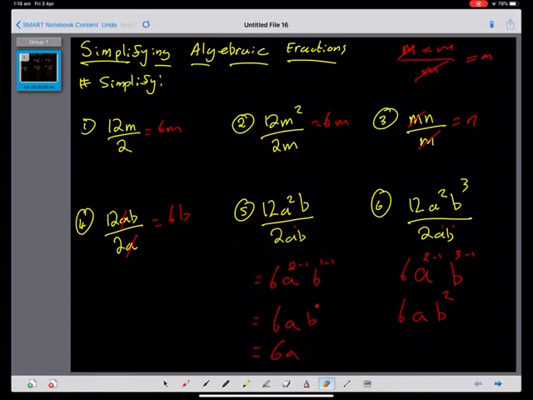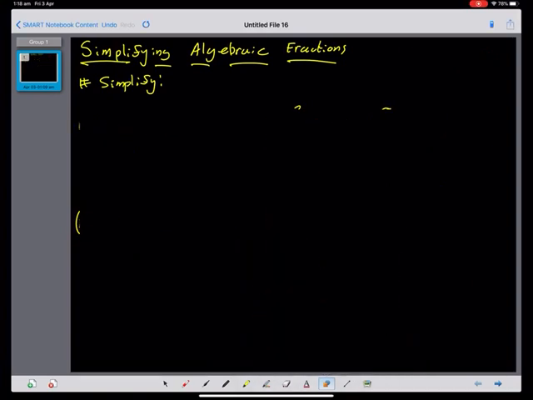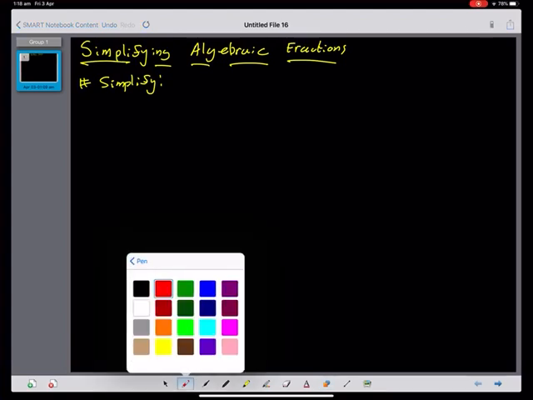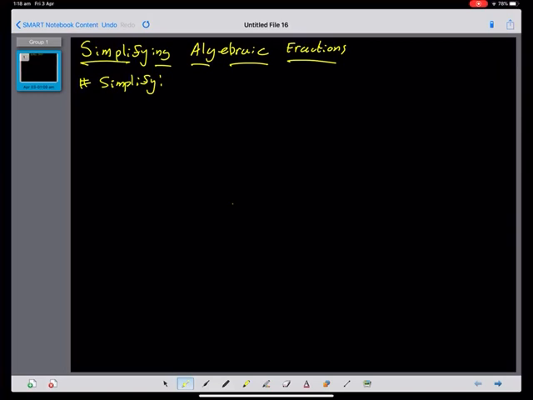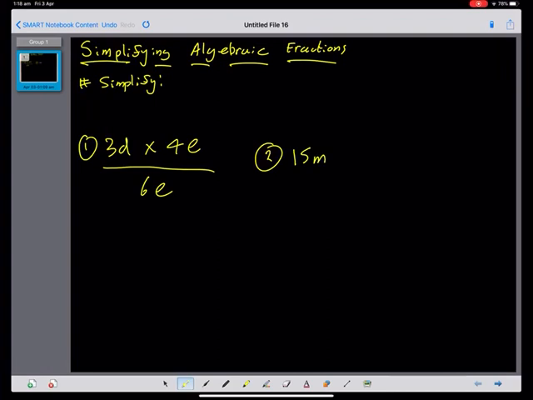And let's look at some more complicated examples. Okay, let's try 3 examples. Okay, 1. Let's do 3d times 4e all over 6e. Let's try 2. 15m n squared p all over 3m squared n squared.